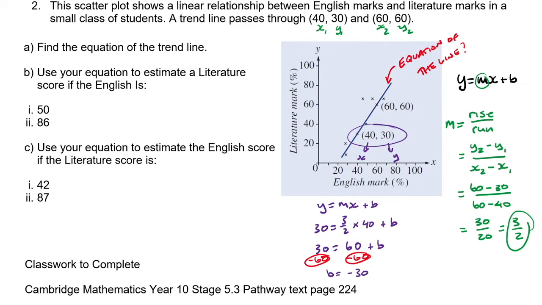So there we have it. Our equation now is y equals 3 over 2x minus 30. So that's the equation we're going to use for the rest of this problem and the rest of this example.